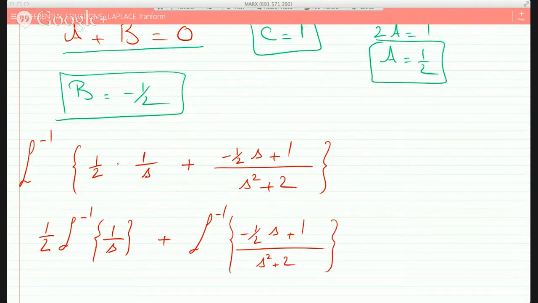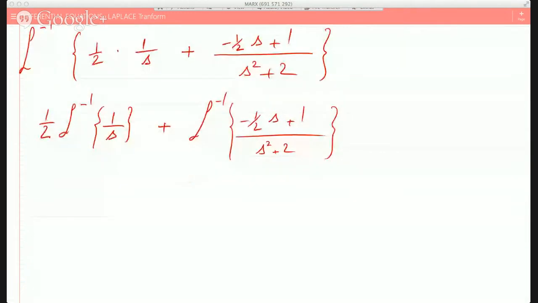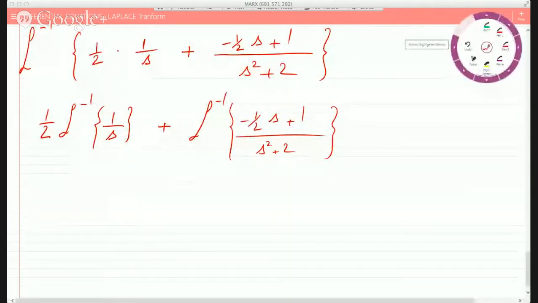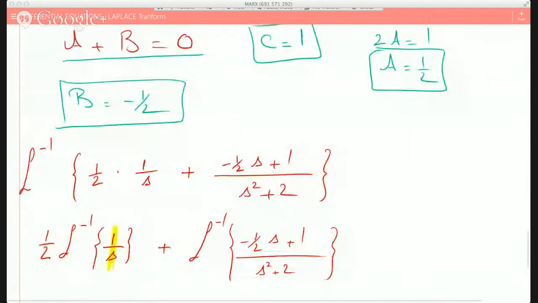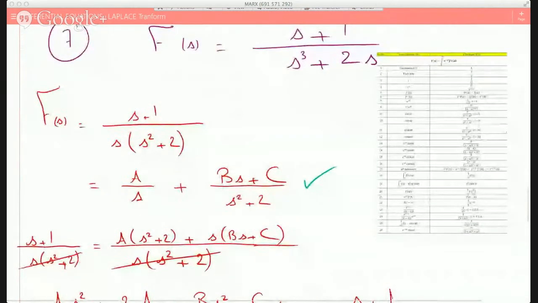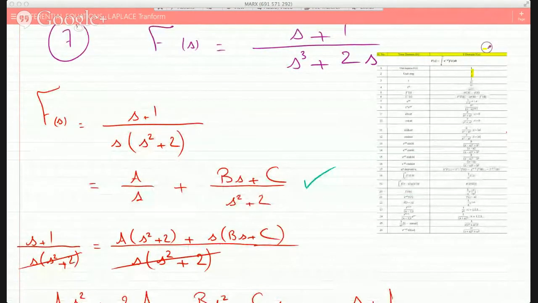Okay, so let's take a look at each one of those separately. The first one is easy. 1 over s is just, if we look back in the table, a unit step, yeah?